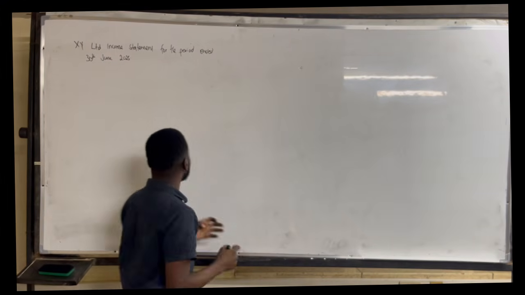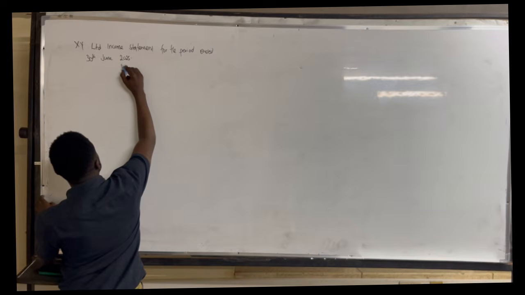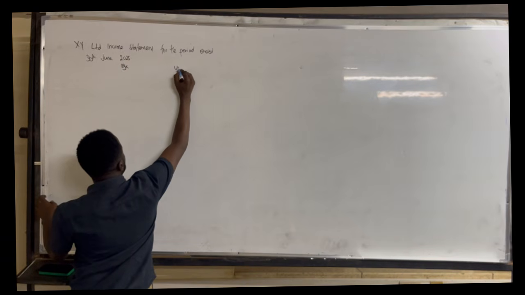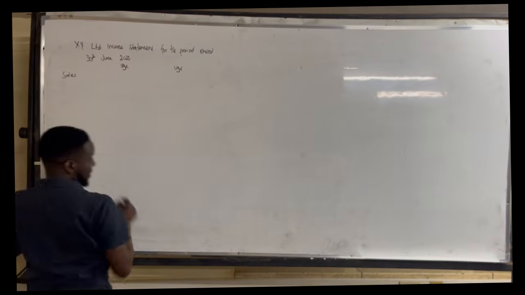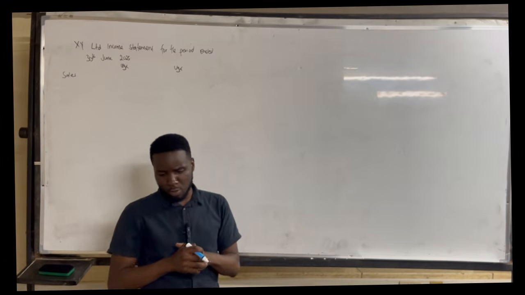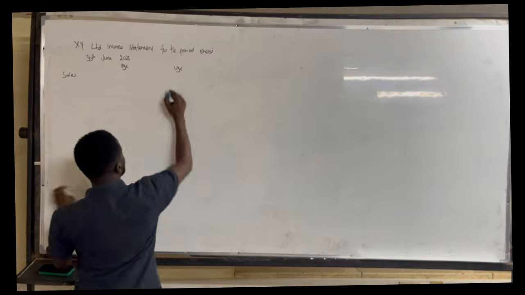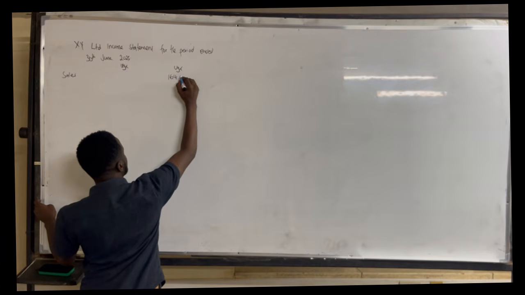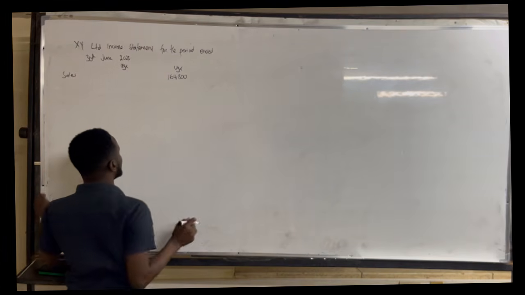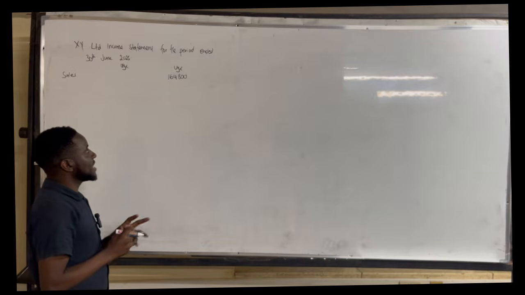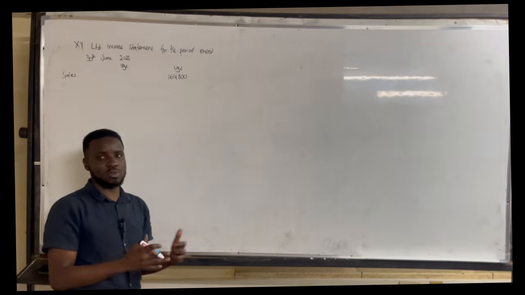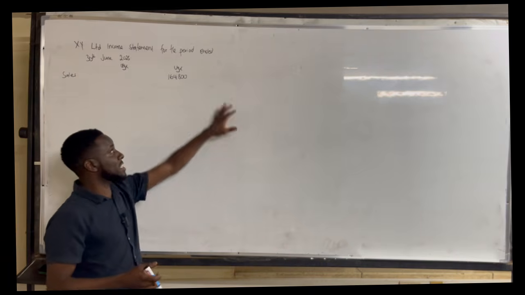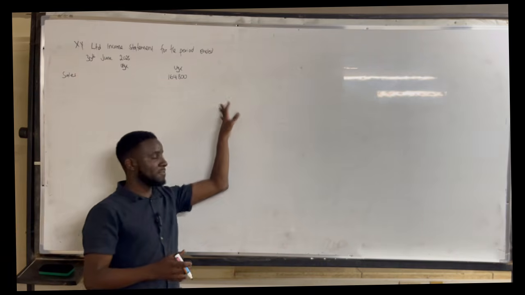So if you check in the question, we had our sales figure. The sales figure that we established in the question was 164,800. These were the total sales that we established, 164,800. And then here we didn't have returns inwards, so we didn't have sales returns, meaning that we are going to take this as our net sales figure.